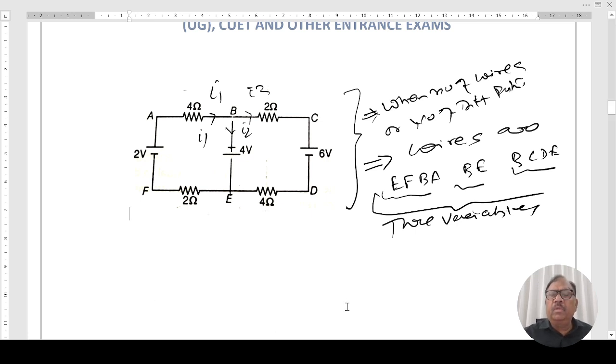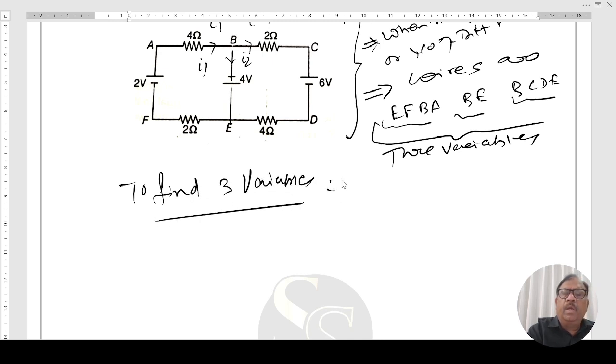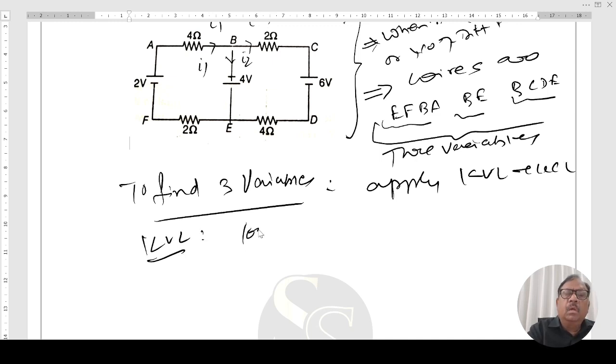To find 3 variables, apply KVL and KCL. KVL can be applied to loop A, B, E, F, A. Be careful when we write the loop, initial and final point should be same.